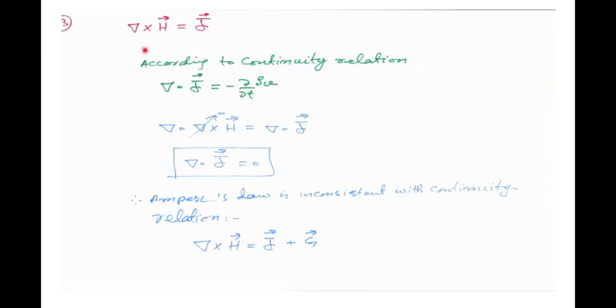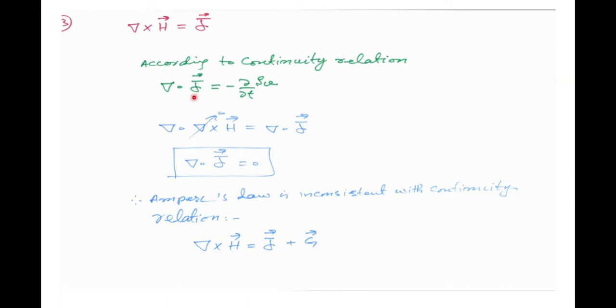Now let us see how to modify del cross H equal to J. This form of Ampere's law can easily be used in case of electrostatic field, but this form of Ampere's law doesn't obey the continuity relation.